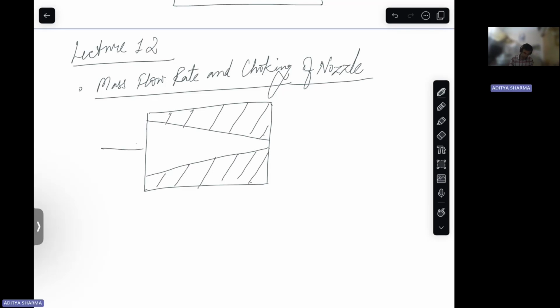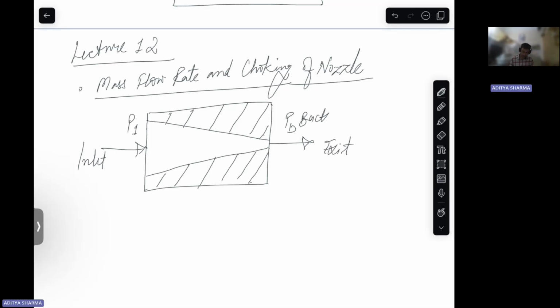This is your inlet, this is your outlet, this is your initial pressure, and this is the exit.